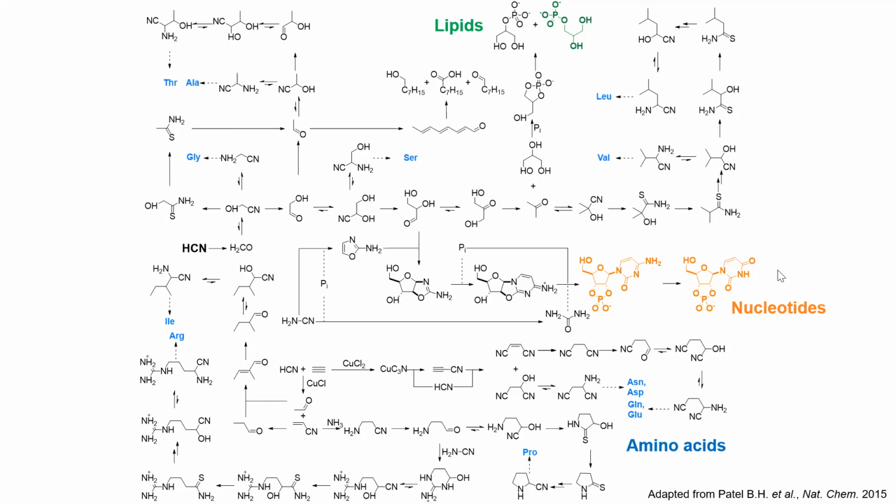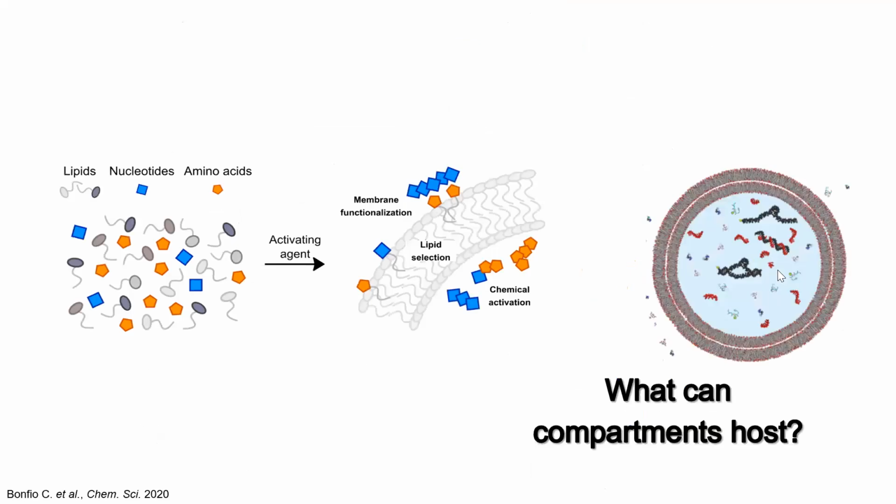And so there's been a recent study that we did in Jan Spitzer's group, where we looked at how all of these components interact with one another. And so we could see that the compartments should not be seen as inert containers. They are not just flasks where we are performing our reaction.